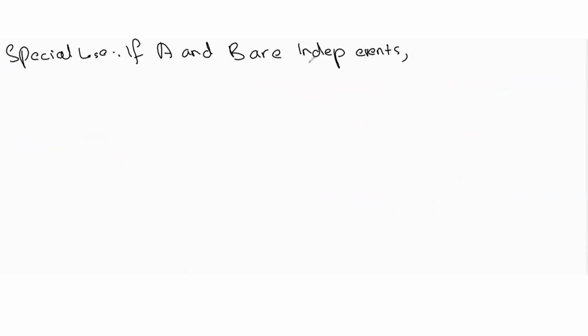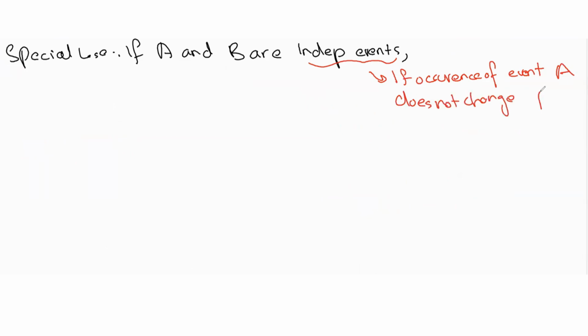So let's recall. If the occurrence of event A does not change the probability of event B, then A and B are independent events, right?